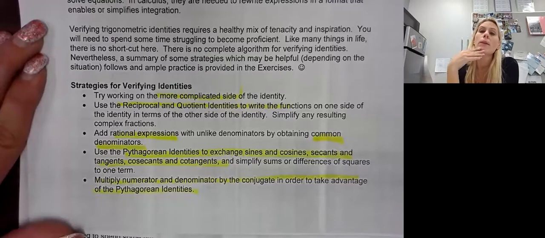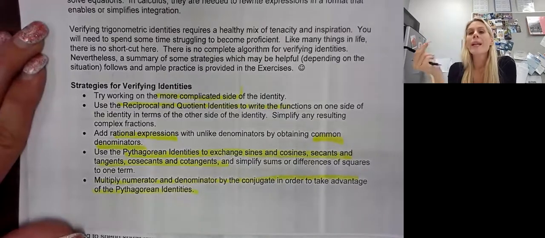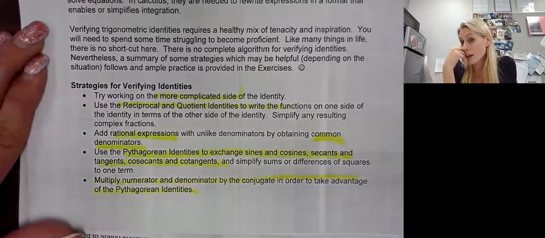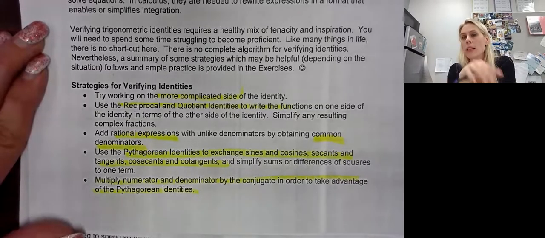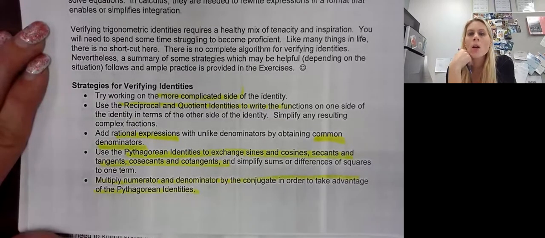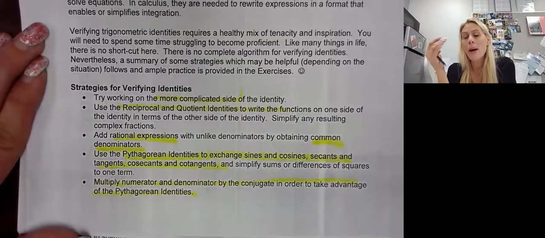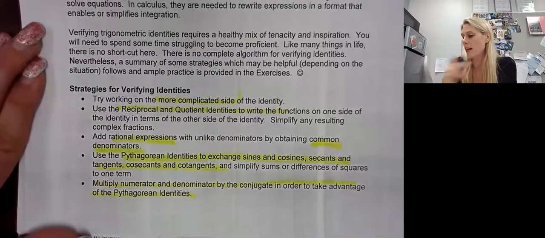We also have to remember that when we have two rational expressions, we can add them and subtract them by doing common denominator. We can manipulate things into the Pythagorean identities to be able to exchange cosines and sines and cotangent and cosecant, so on and so forth. We can multiply by conjugates to take advantage of the Pythagorean identities.